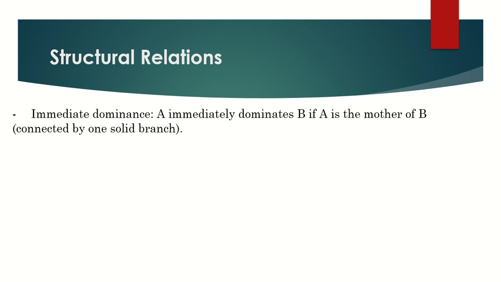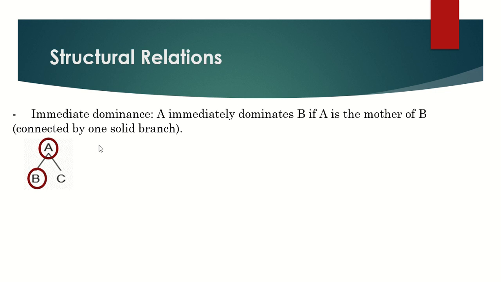We have two types of dominance. Immediate dominance: A immediately dominates B if A is the mother of B, connected by one solid branch. Now, if you remember, we said whenever we are going to deal with trees, we are going to use the family tree metaphor.